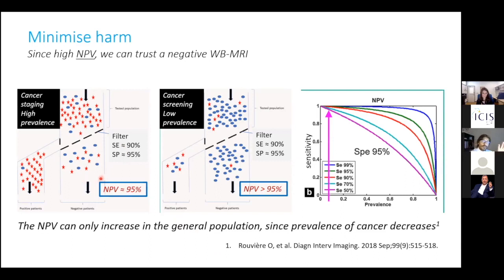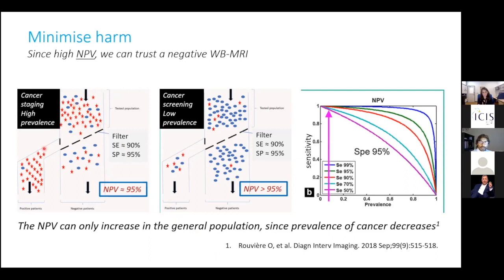So if you follow me on the left of your monitor, if you are using whole body MRI in a staging population, the prevalence of metastasis is high because they are patients with maybe high-risk cancer. Metastases in this graph are represented by red stars, while blue dots are negative lesions.